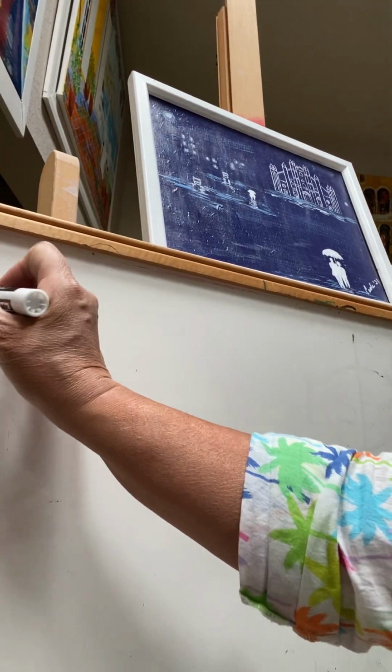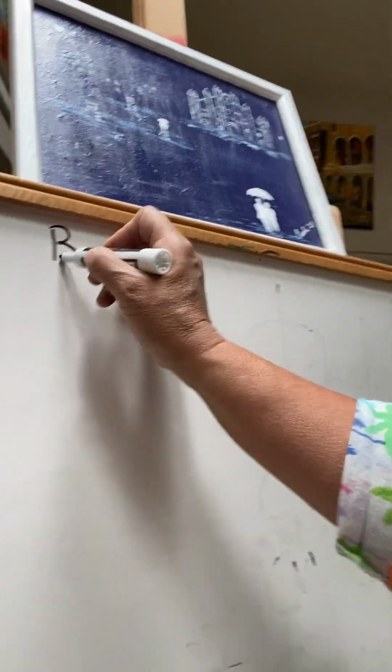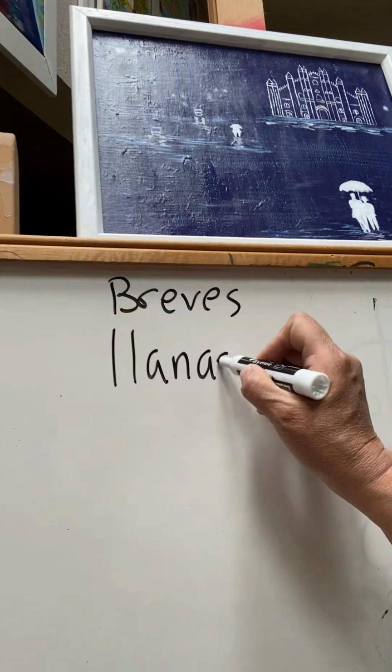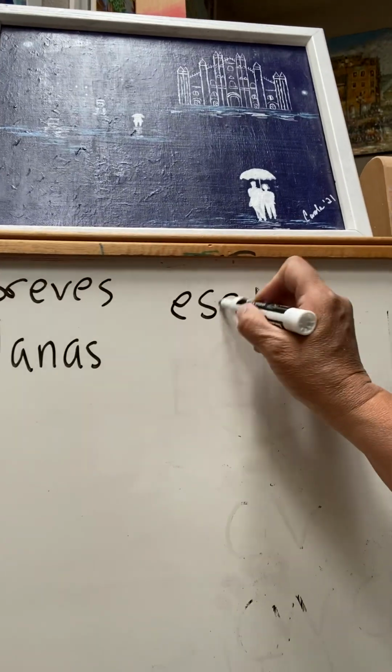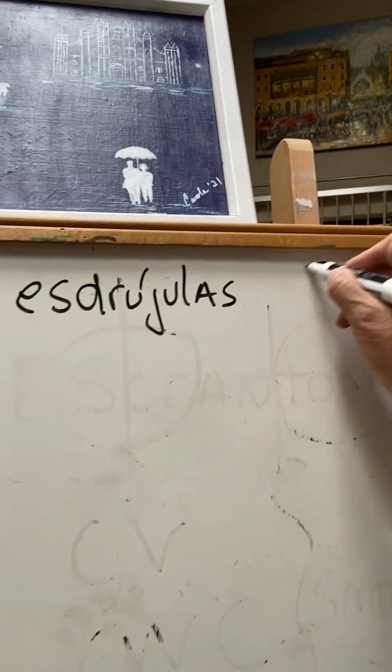Okay, so there are 4 categories of Spanish words, and that affects all the words in Spanish. Those categories are, and I'm going to write them here for you: agudas, breves o llanas, esdrújulas, and sobresdrújulas.